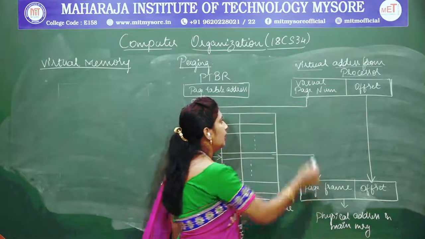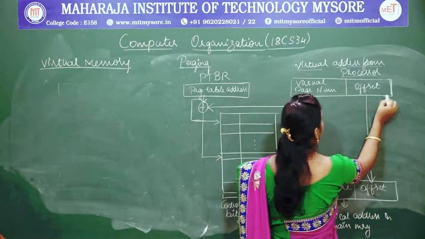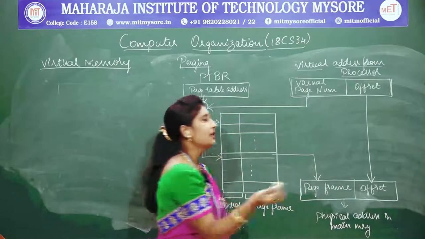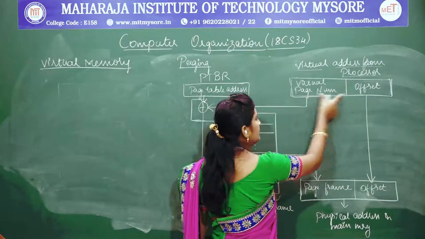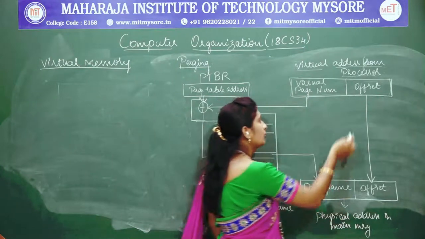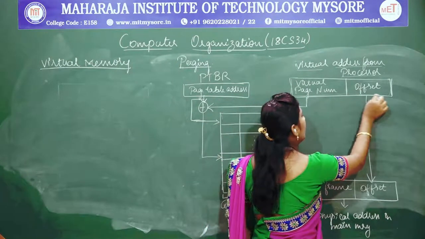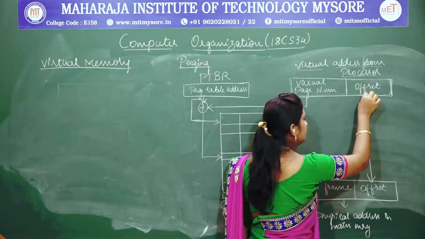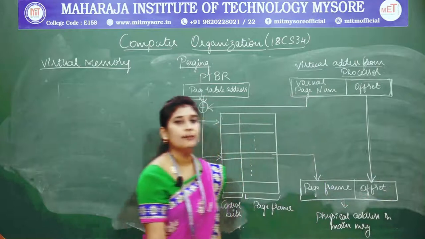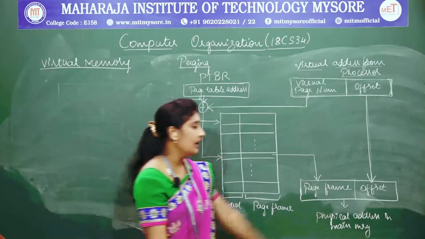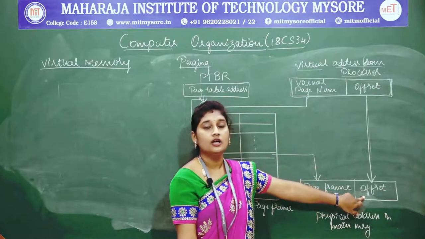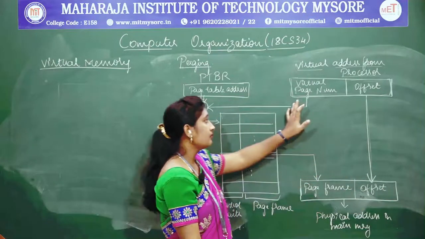The virtual address sent by the processor will be divided into two parts: the virtual page number and the offset. The second part holds the offset, which is responsible for identifying the particular byte or word of your main memory. That is why it is sent directly to the physical address.